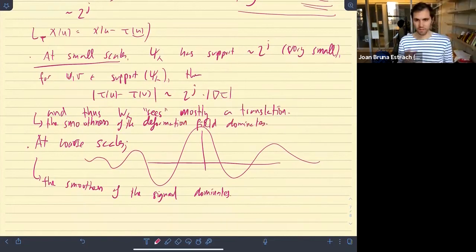So you really have this very intricate and, in a sense, beautiful interplay between the regularity that comes from the signal and the regularity that comes from the deformation.